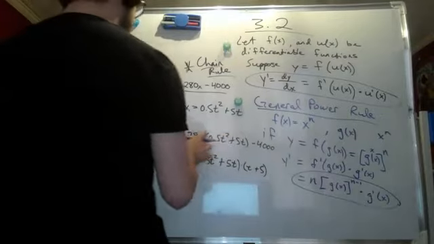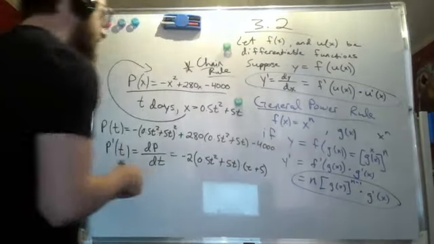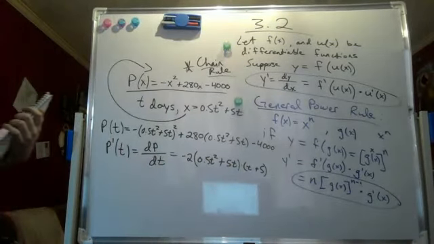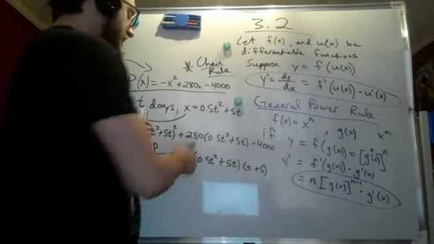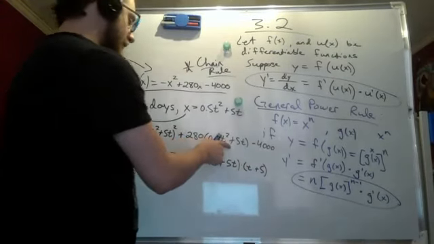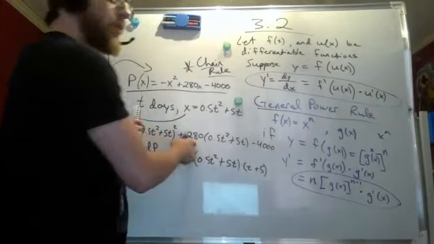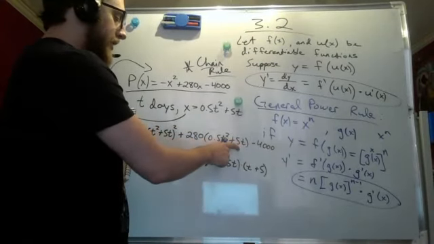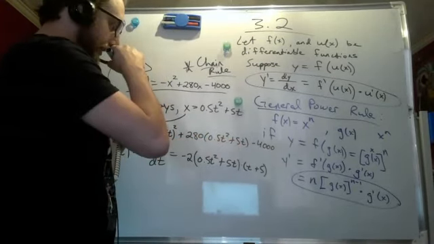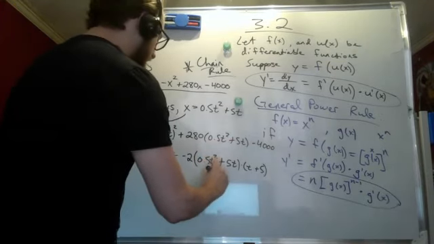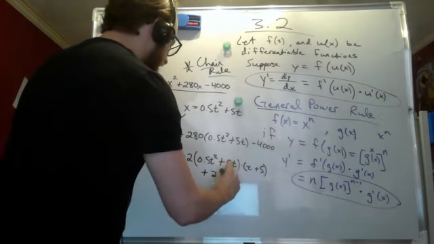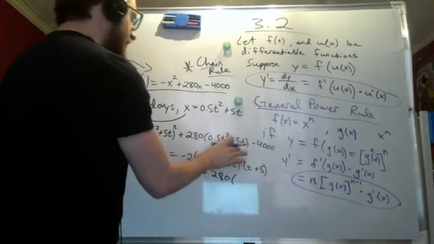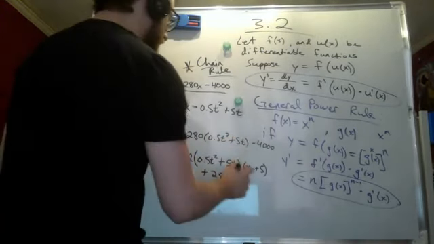And then over here, we have 280 times this function. Now remember from, I believe it's called the constant rule, if you have a constant times a function, you can just ignore the constant and take the derivative of the function, and then multiply your constant on it again. So what is this? Well, that is 280 times the derivative of this. Well, we already know that.